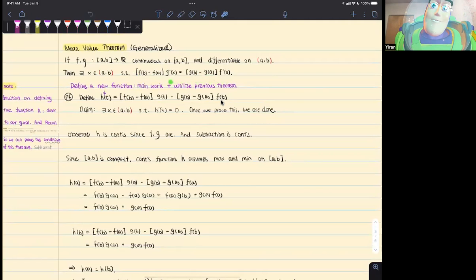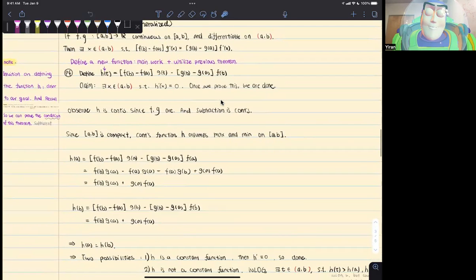If we define a new function h to be this, notice that h'(t) is equal to this times g'(t) minus this times f'(t). That should remind you immediately of our desired result. So we just need to show h'(x) is equal to 0. Then we're done immediately. So that is our goal.